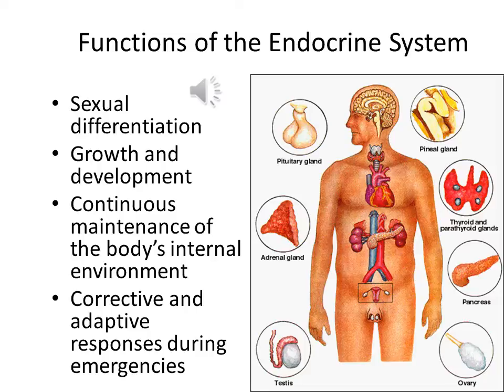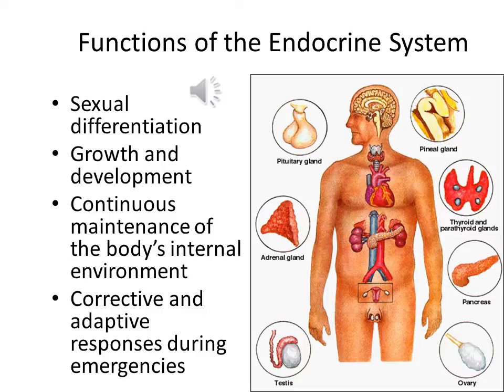With your anterior pituitary gland, you have your growth hormone, which increases the growth of bone and muscle, promotes protein synthesis and fat metabolism. You have your thyroid stimulating hormone, which stimulates synthesis and secretion of the thyroid hormones, T3 and T4.